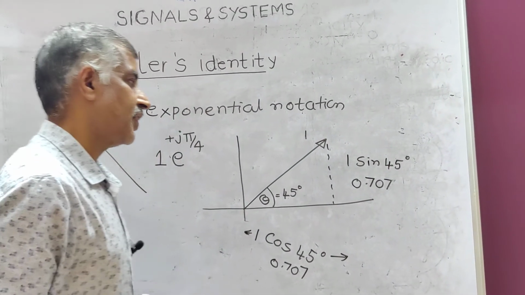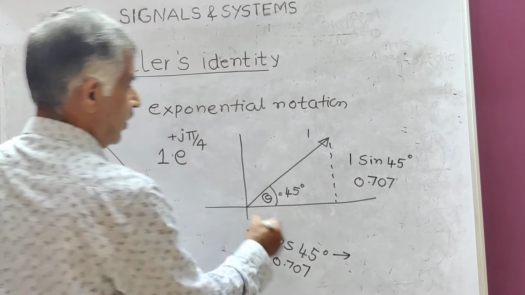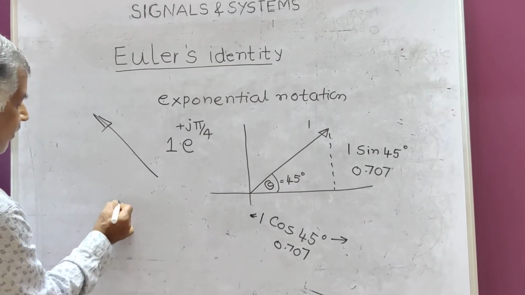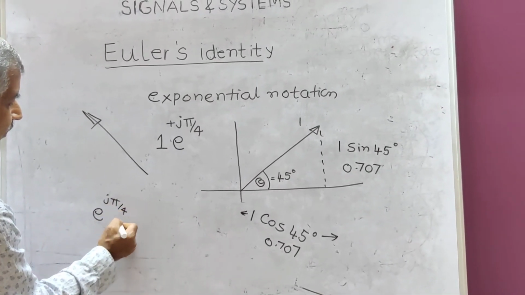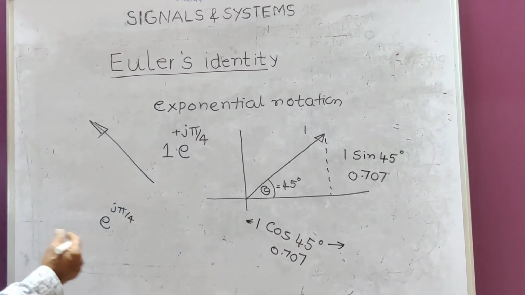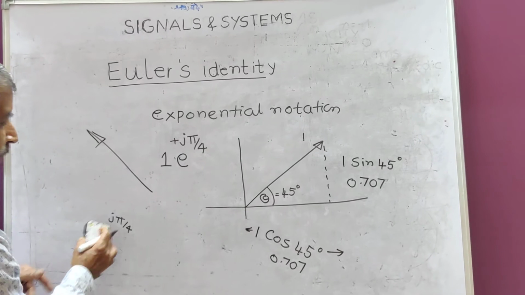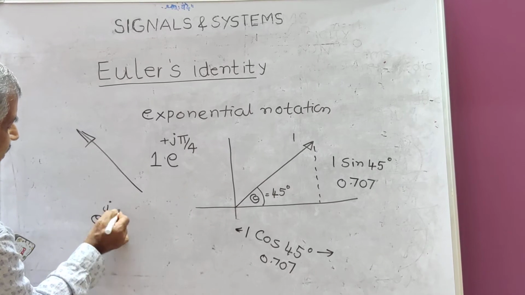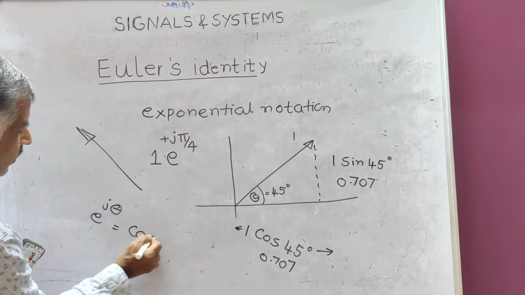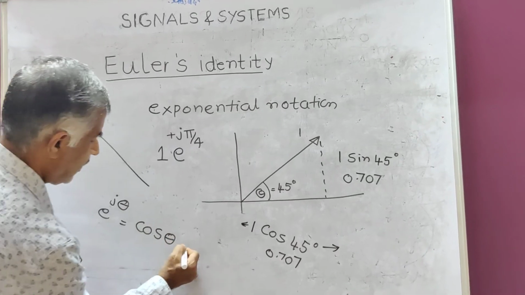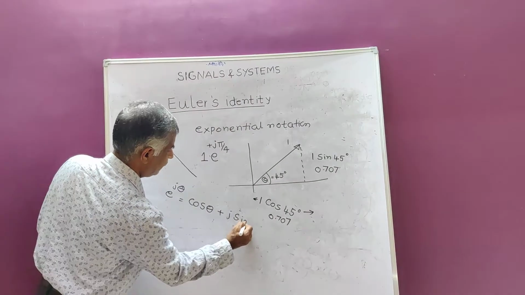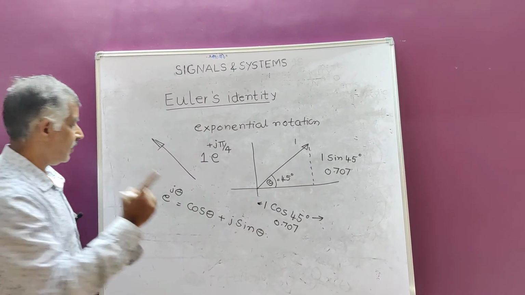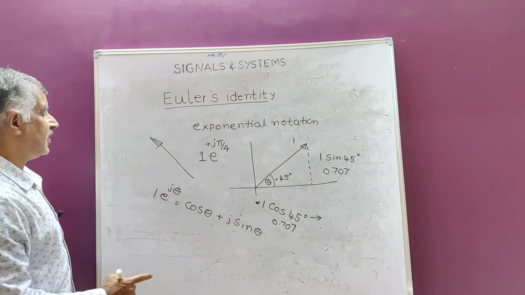Hence, e power j pi by 4 is 1 cos 45 plus j 1 sin 45. Now coming to Euler's identity, e power j theta is equal to cos theta plus j sin theta. So it is 1 e power j theta.